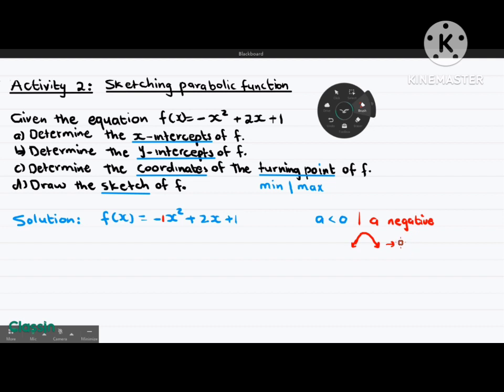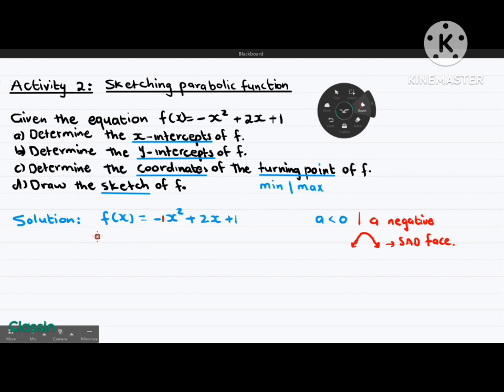So we are going to have a sad face. What else do we need to take into consideration is that once our a is negative, we must turn this negative into positive.